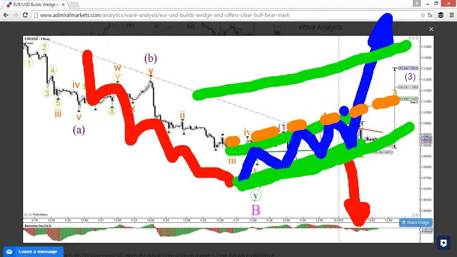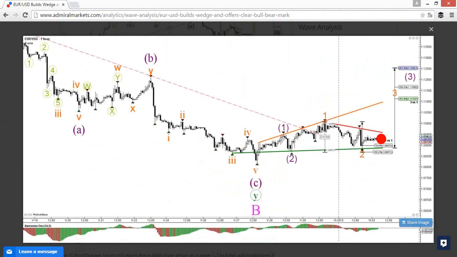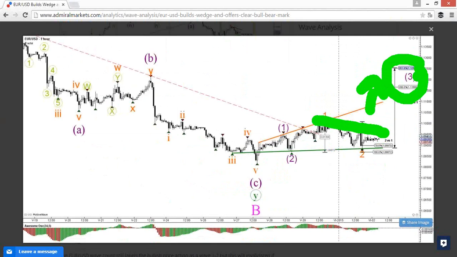Also, to of course avoid false breaks here and here, to the best ability we can. We cannot always avoid it though. So that is the point. So basically, this trend line is important to see if we can get that momentum for the wave 3 of 3.